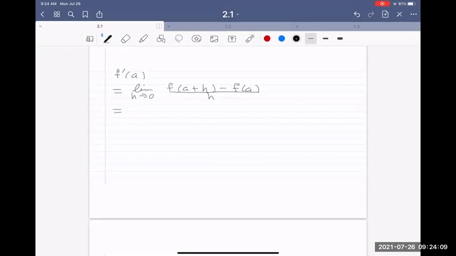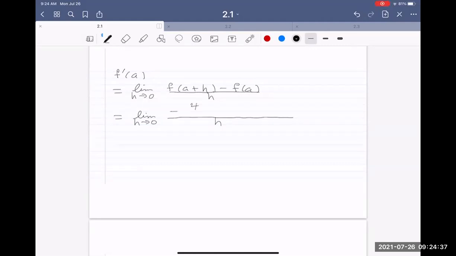Okay, so I guess I need a little bit more room here. So let's take the limit as h approaches 0 of f, and f of x was 4 over the square root of 1 minus x.